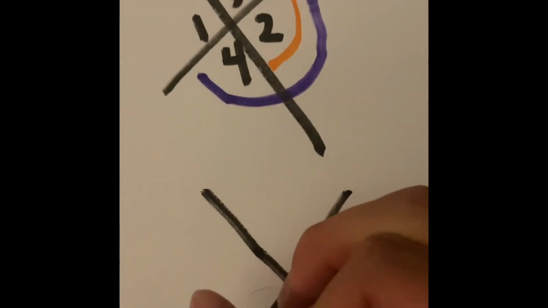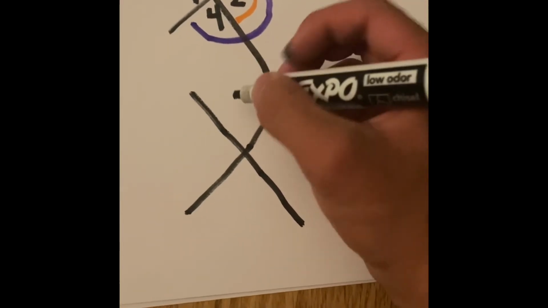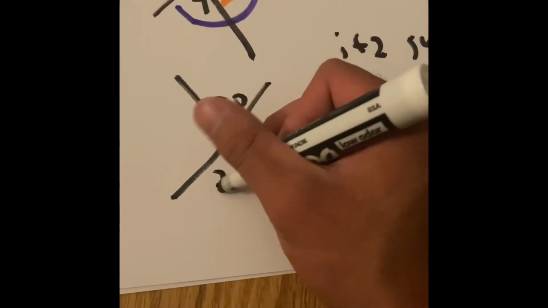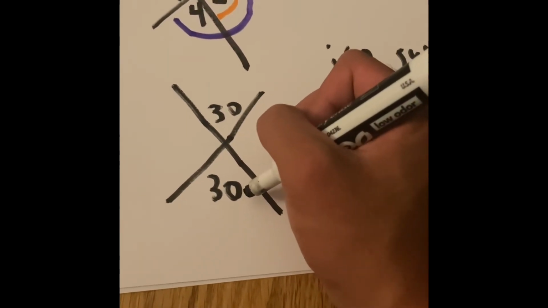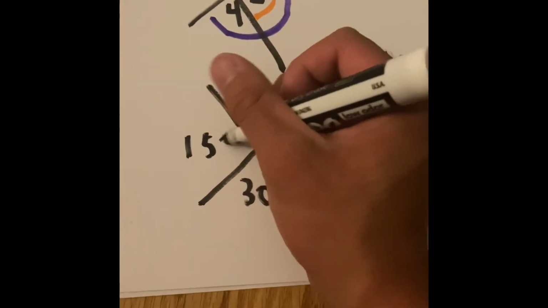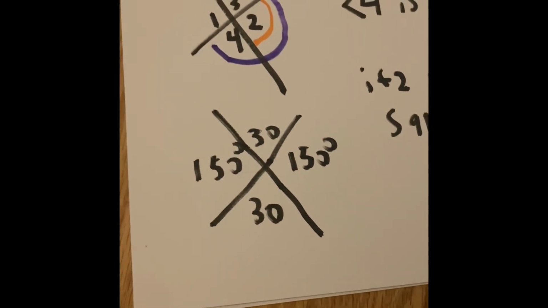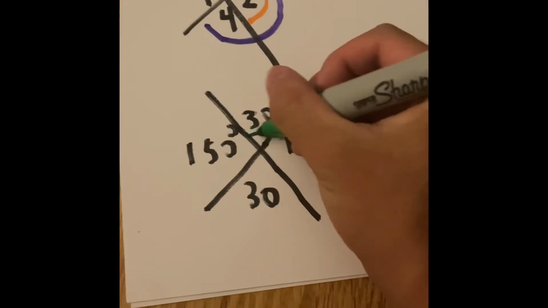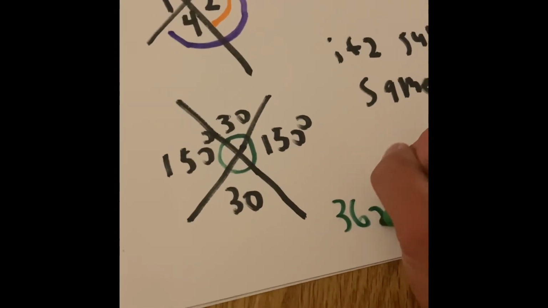Here's an example. If I draw another X right here, assume this one is 30 degrees. Over here is also 30 degrees. Then 30 plus 30 is 60. So this side has to be 150 degrees, and that side has to be 150 degrees. If you go around the entire circle, it's a maximum of 360 degrees.